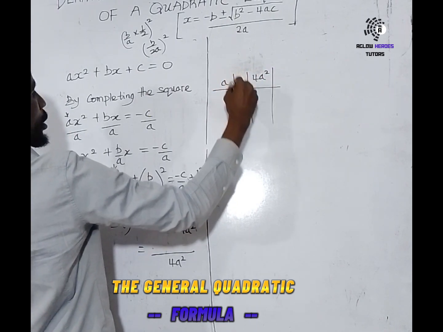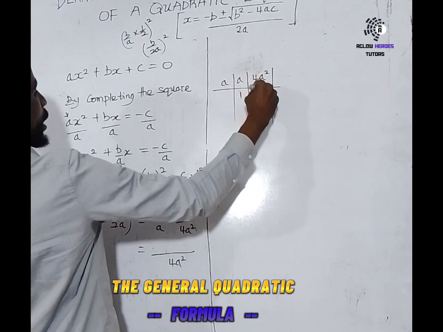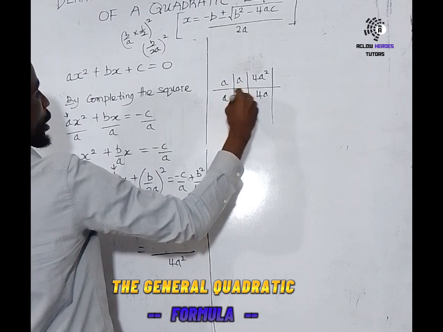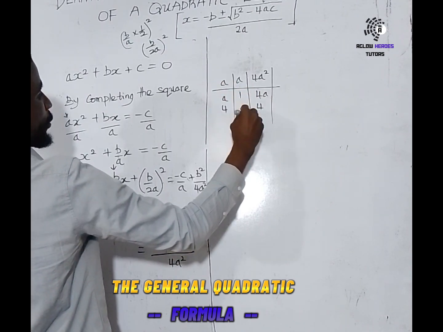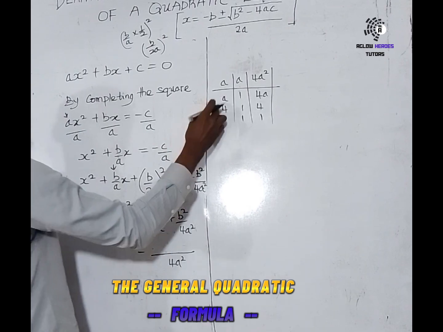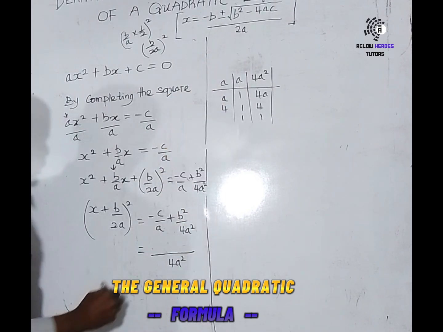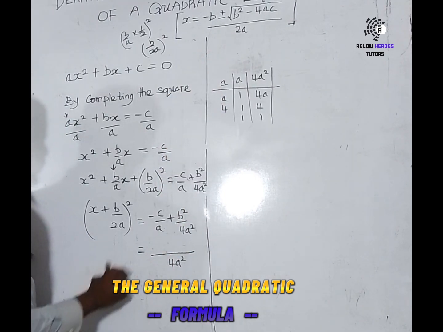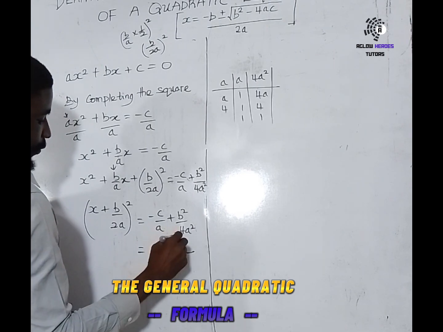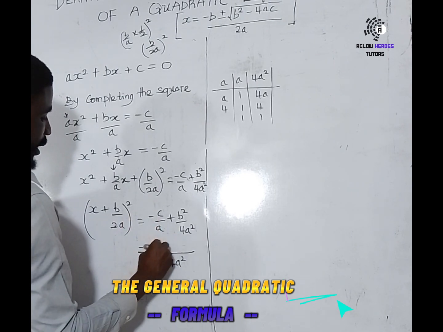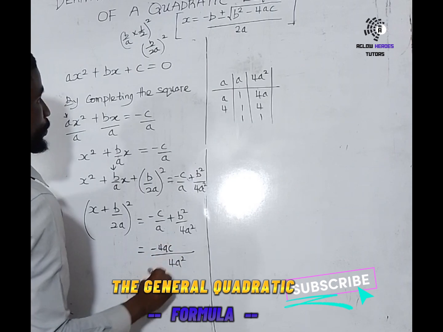So a divides 4a squared to give 4a, and 4a times c will give us negative 4ac.